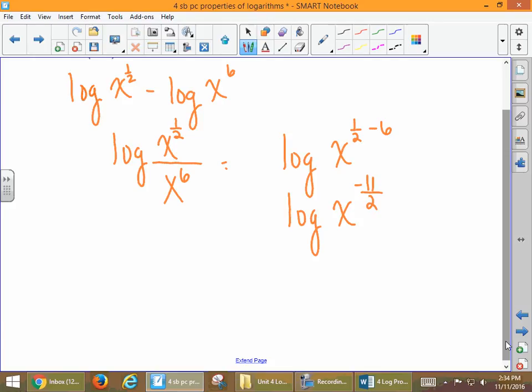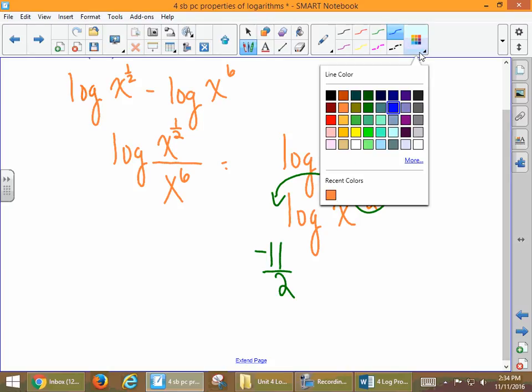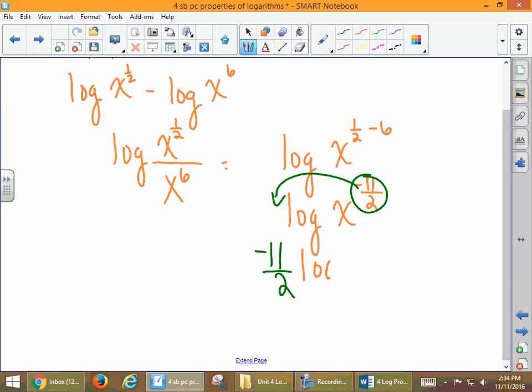So when we condense this here, we want to express all powers as factors, and now that we've simplified that, our last step is to deal with this negative 11 halves, which we're going to write as a factor. We're going to write negative 11 halves times the logarithm of x.